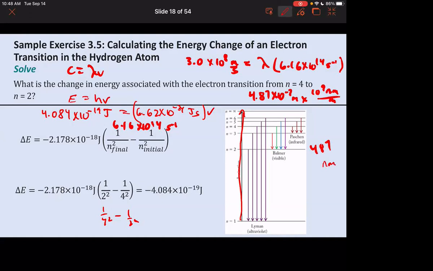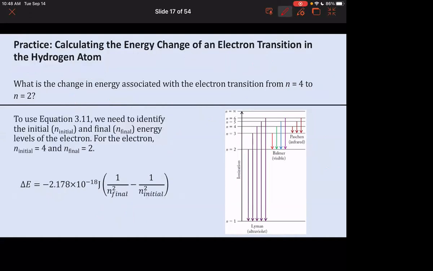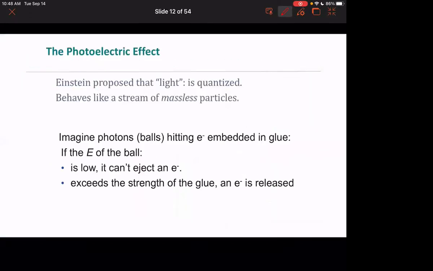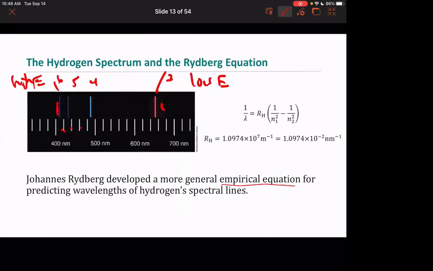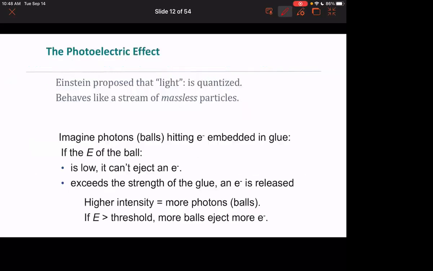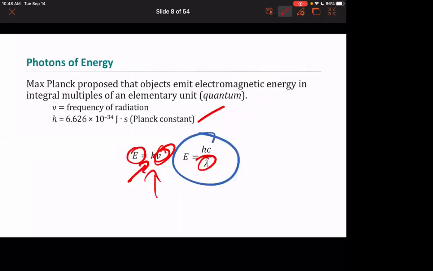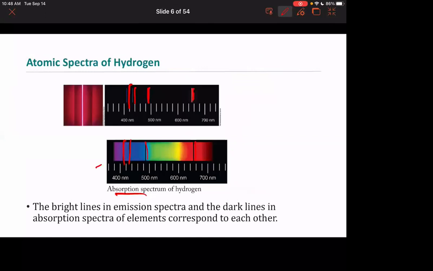Let's take a look at where 487 nanometers is. And that's this one right here. They have it as blue, so 487, whatever that is. I wonder what that looks like in the, let's go back to the, there it is.